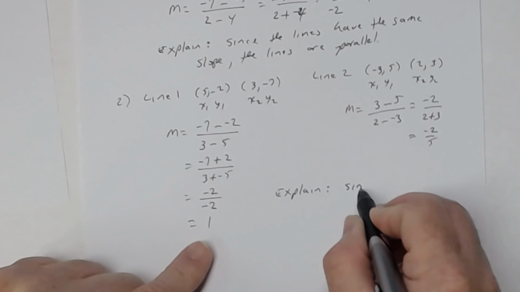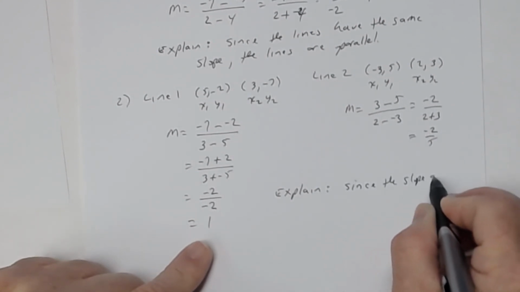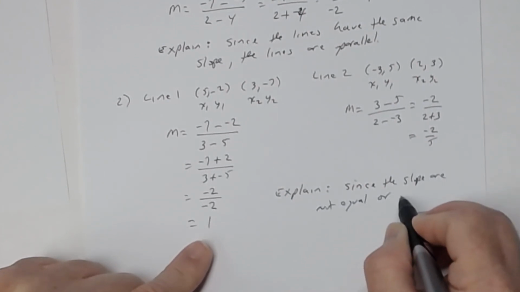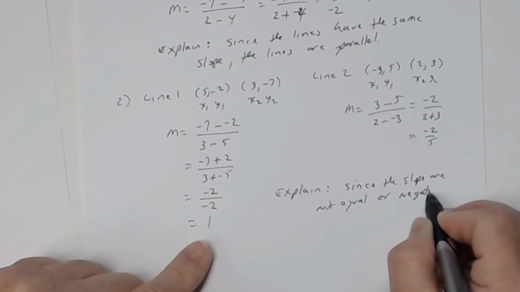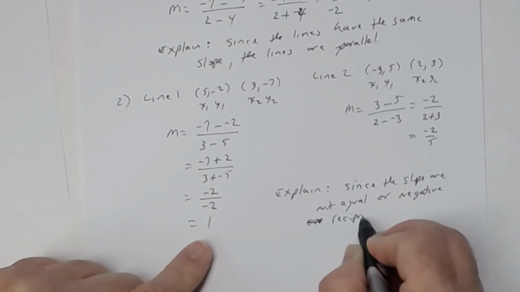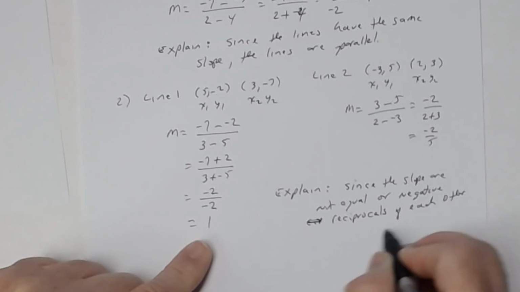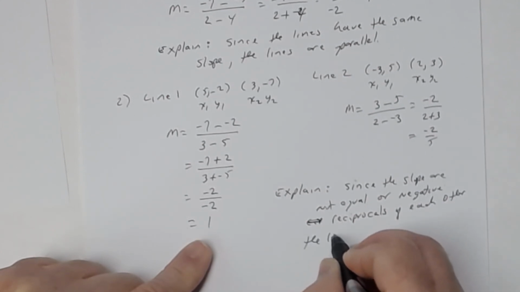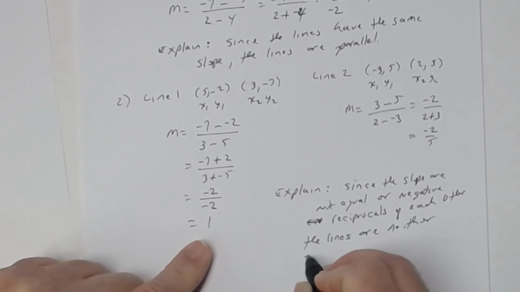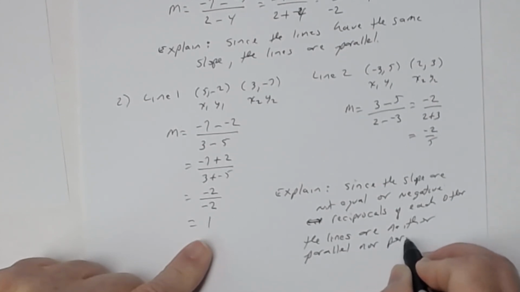So you're going to say, since the slopes are not equal or negative reciprocals of each other, the lines are neither parallel nor perpendicular.